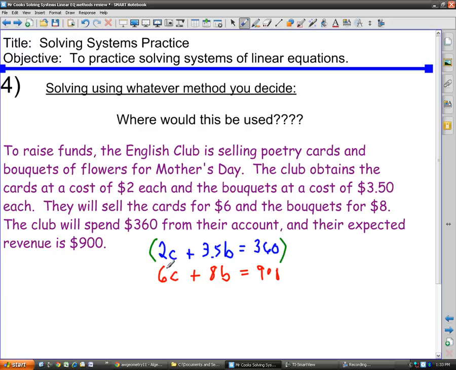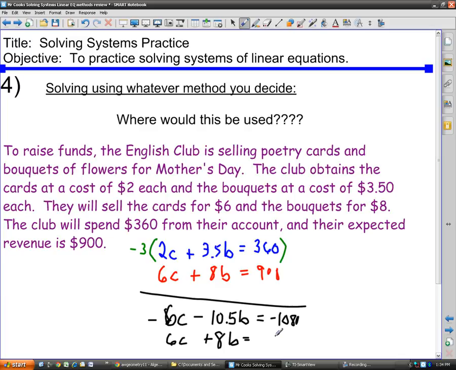And when I multiply the top row by -3, I will get -6c minus 10.5b equals -1080, and then the bottom row will remain the same. 6c plus 8b will equal 900.